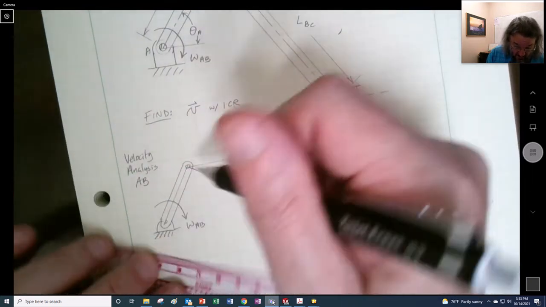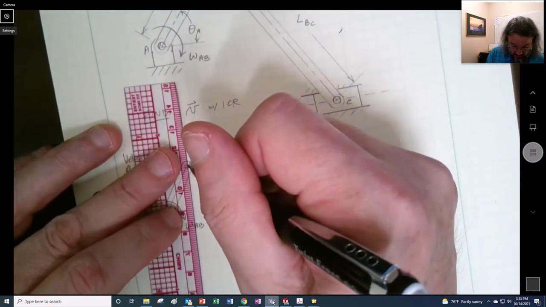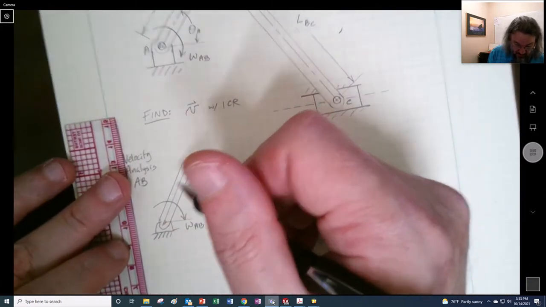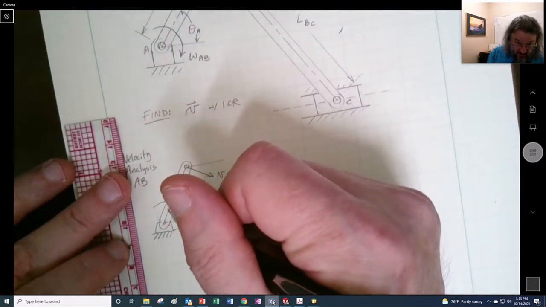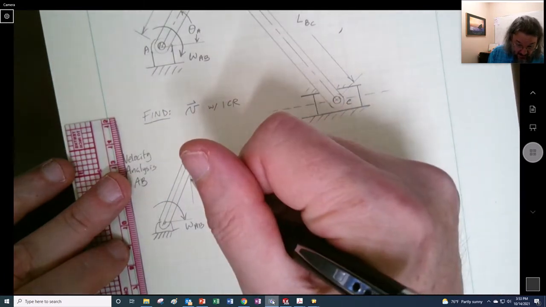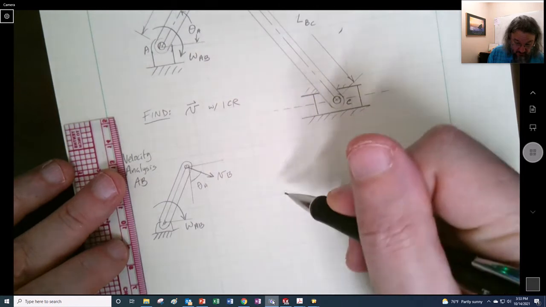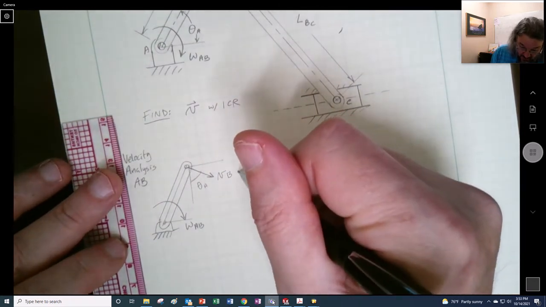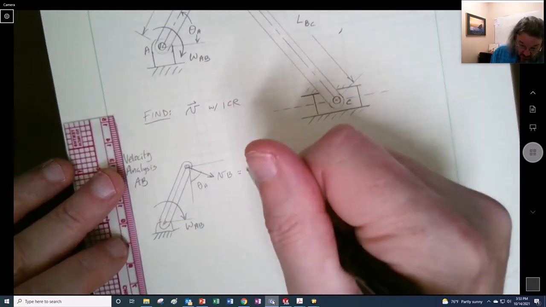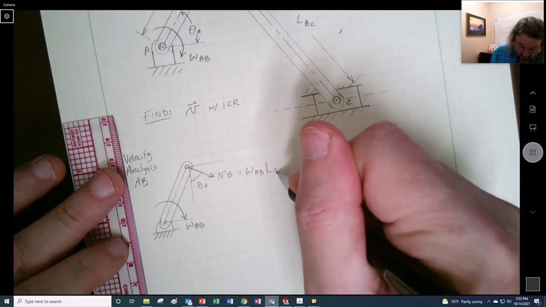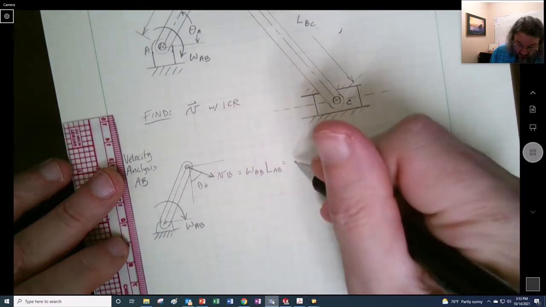And by the way, just using the triangles that are available, we can see that this angle, theta A, is the same as this angle right here, theta A. And the velocity VB is simply going to be omega AB times the length of AB, right?